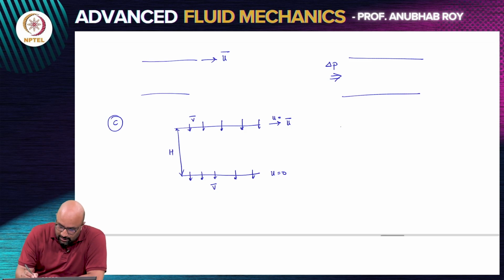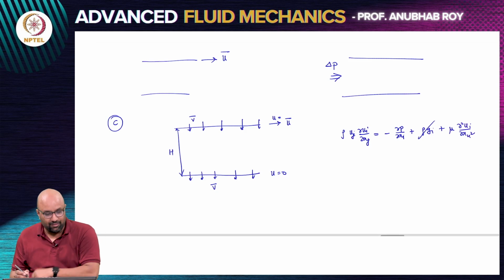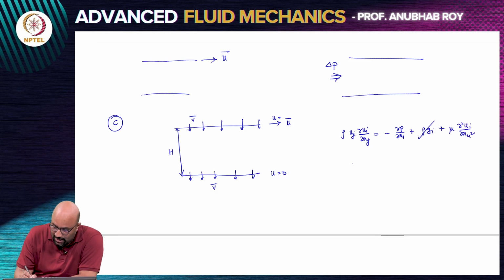If you remember, we looked into the steady state equation, which was the following. We did not have any body force, but we obviously have our viscous term. I am going to ignore the body force in the problem for the time being, and we are saying that the flow is fully developed.